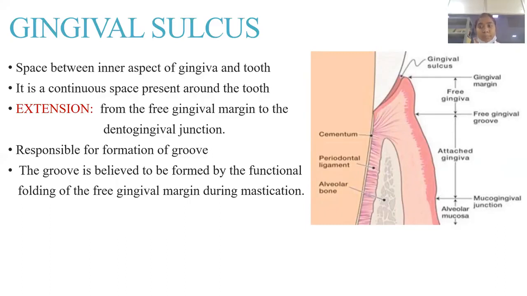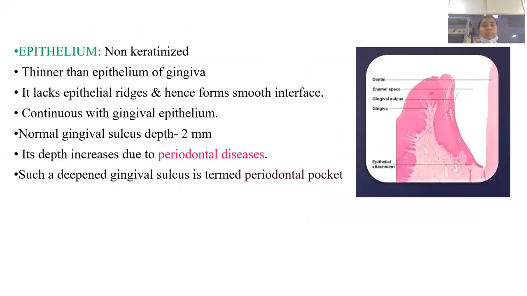In this picture, we can see the gingival sulcus, free gingival groove, free gingival margin, attached gingiva, mucogingival junction, etc. The epithelium of the sulcus is non-keratinized and thinner than the epithelium of the gingiva. In gingiva we saw thin and long rete pegs.